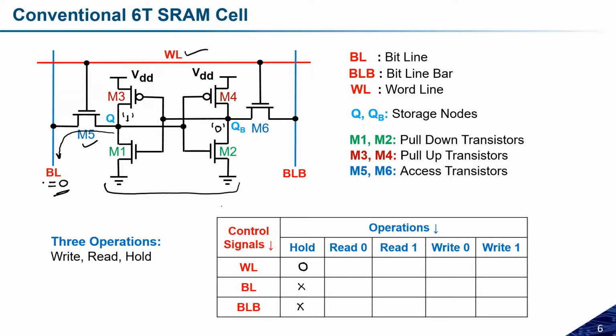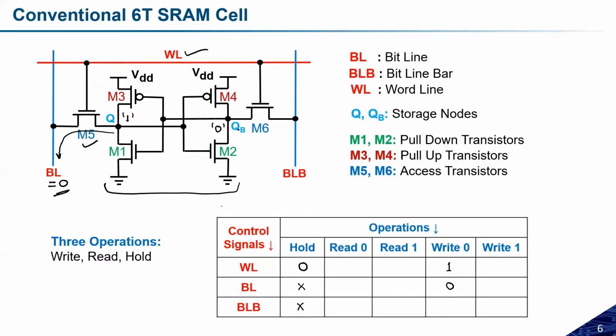So what do I have to do for the write 0 operation, if I have to write 0 at Q? What should be the status of WL? Can anyone suggest? Sir, word line should be 1 and BL should be 0, perfect. So word line should be activated so that M5 and M6 will be active. So word line should be 1, and if I have to write 0 at node Q, then this bit line should be 0.